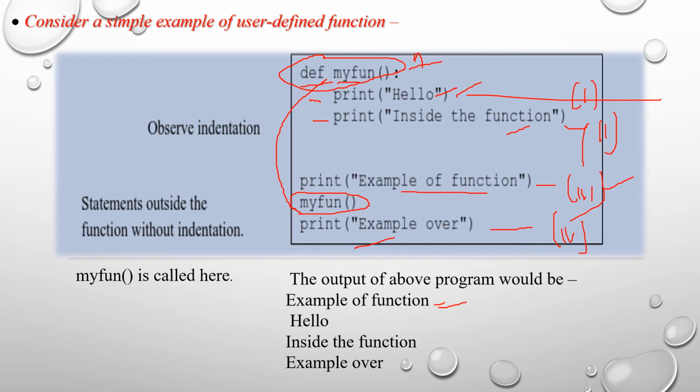So it's going to execute these two, and the outputs are "hello" and "inside the function". The next interpreter is going to execute the print "example over". The result is "example over". So the output of the above program would be "example of function", "hello", "inside the function" and "example over".